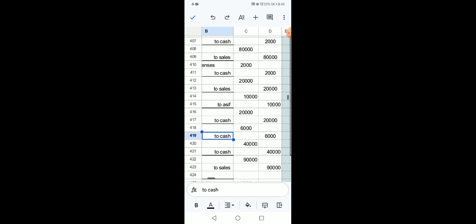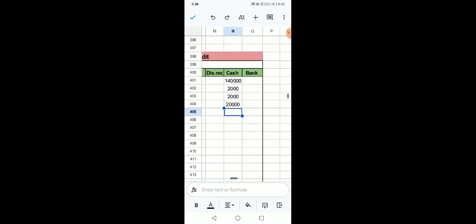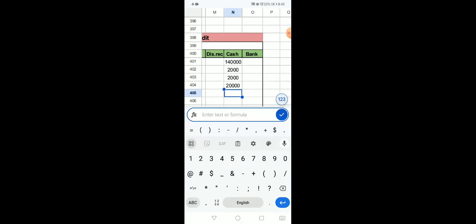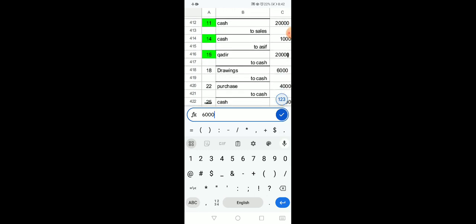Now next entry is 18, where there are two elements, but only one element will be associated with the cash book, and that is cash, which is 6,000 credit side. So you will go to the credit side of the cash and will write 6,000 in cash column. Now see its reference. What is written on the opposite side of cash?